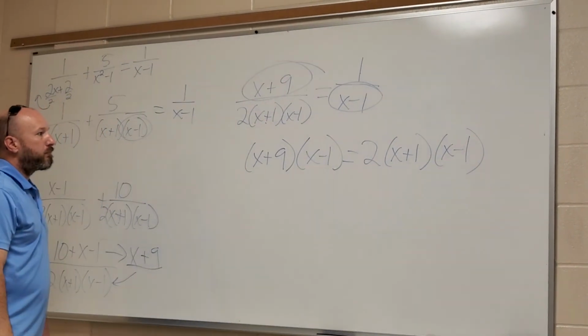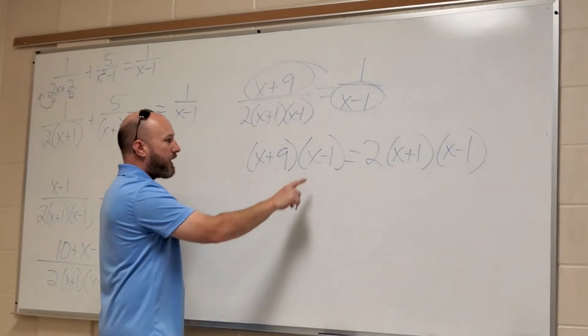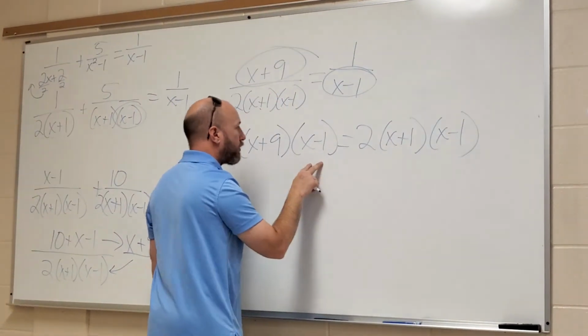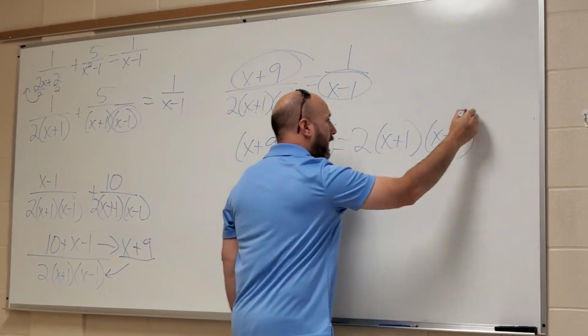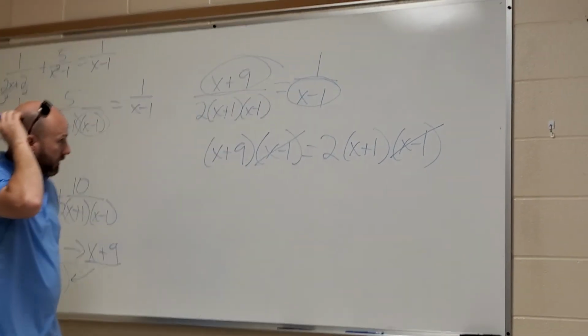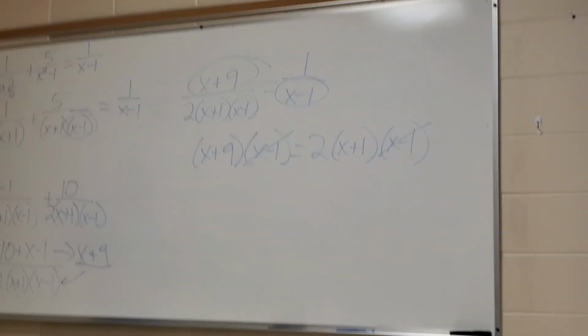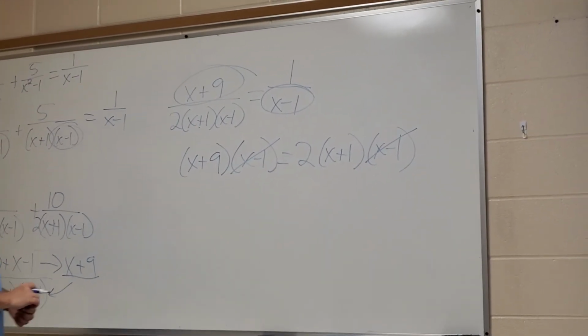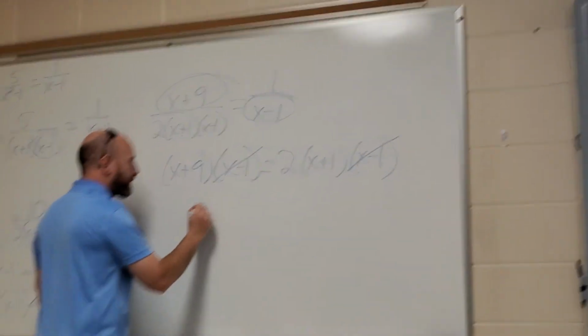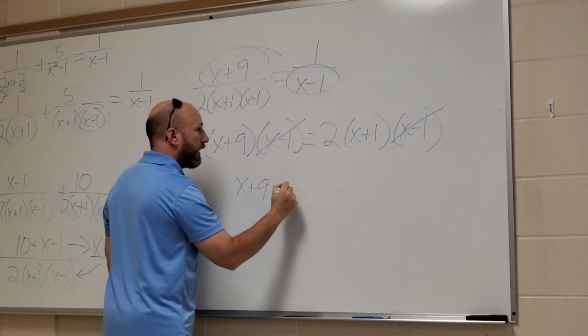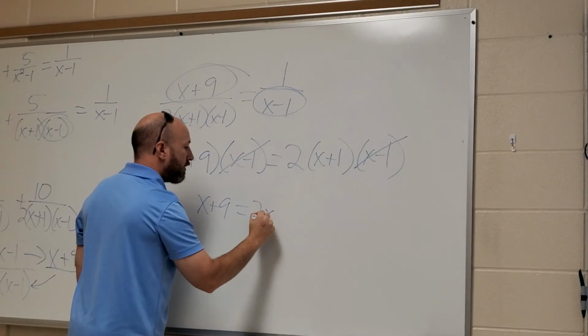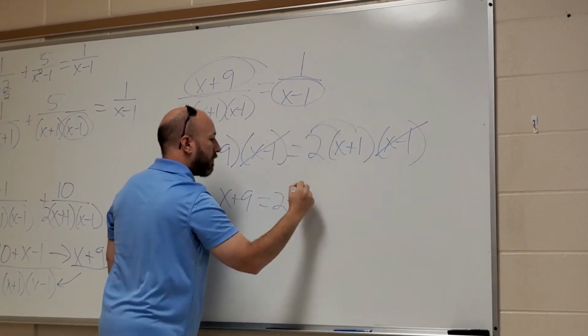Okay? And so right away, I'm seeing that both sides have an x minus 1. So if I divide by x minus 1, those are going to go away. So then I'm just left with x plus 9 over here equals 2x plus 2.